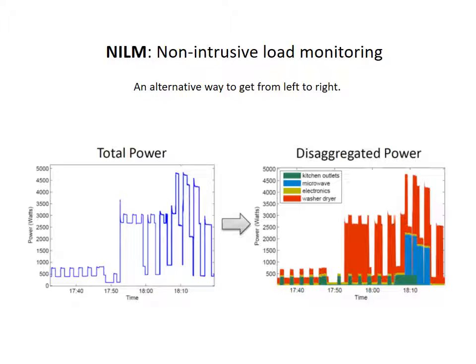It's collecting information on your hourly or sub-hourly electricity consumption and sending that back to the utility, but it doesn't have any way of getting down to the device level data. But non-intrusive load monitoring is a way to get from this blue signal on the left to an estimate of what the true disaggregated power consumption is on the right, on a device level.